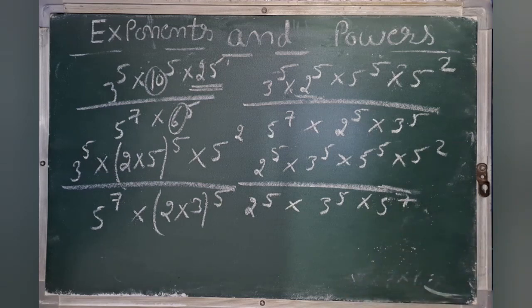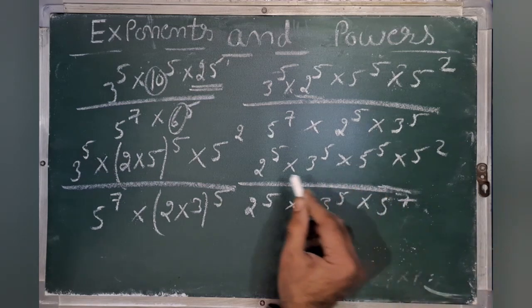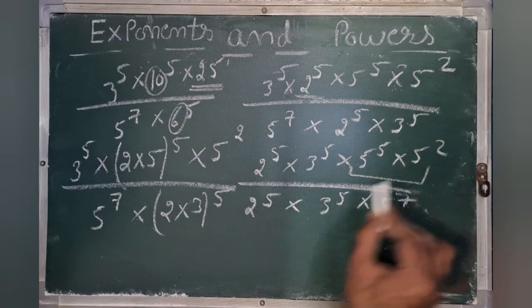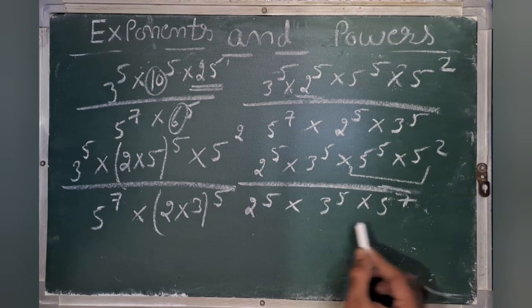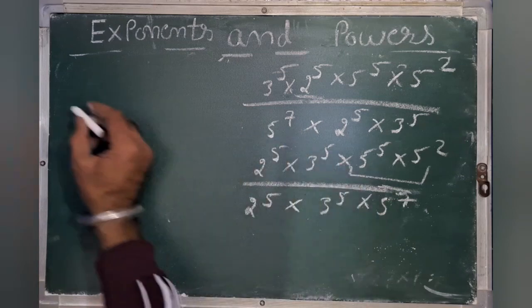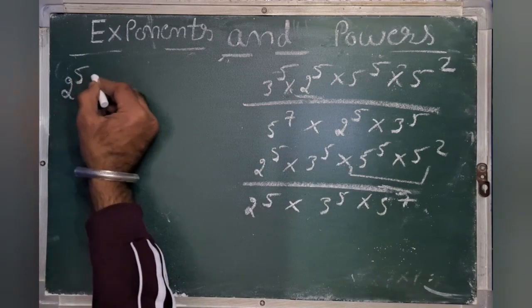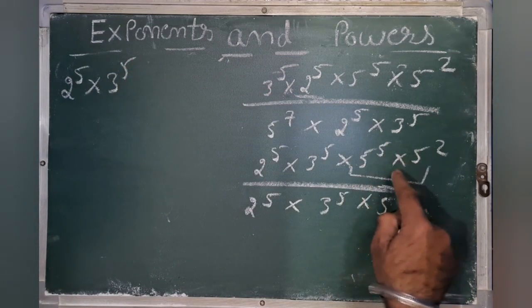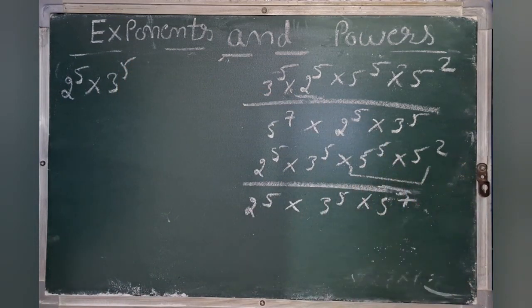Right. But the next step now in this, first we check any base is same. So this 5 and 5 is same, and downside this is 2, this is 3, this is 5, so not same. So this 2 power 5 we write same, 2 power 5 multiply 3 power 5. So this a power m multiply a power n is a power m plus n.